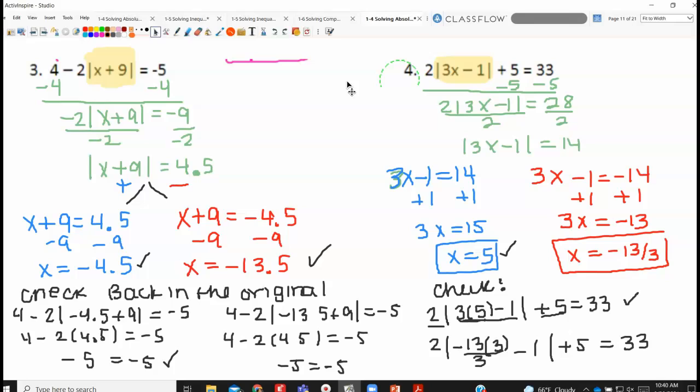And that's what I was saying here. The 3's cancel. You get negative 13 minus 1, which is negative 14. The absolute value changes that to a positive 14. And again, 2 times 14 is 28. 28 plus 5 is 33.